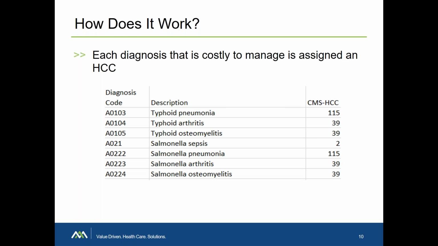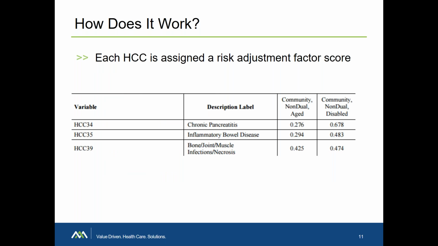So every diagnosis is assigned an HCC, and then every HCC actually has a payment adjustment score that is taken into consideration. These scores do change based on the diagnosis, if it was established, if the patient has any other influencing factors, such as if they're on hospice or they have end-stage renal disease.